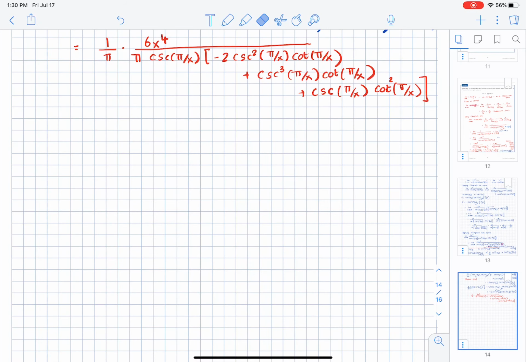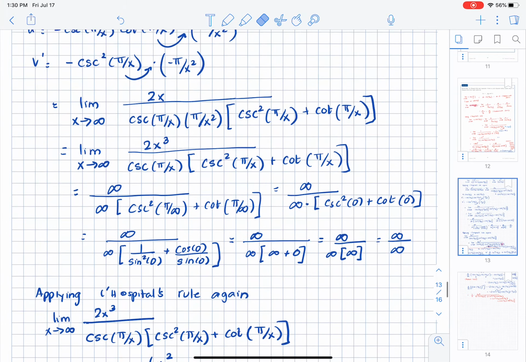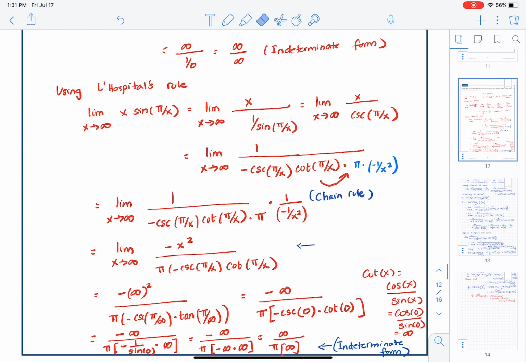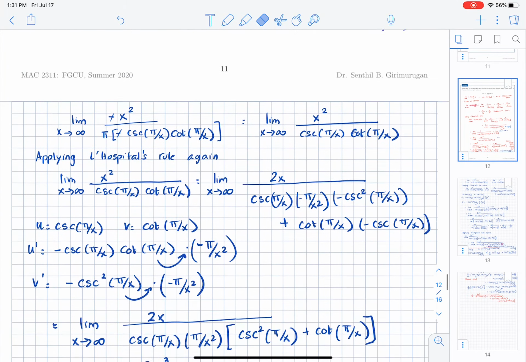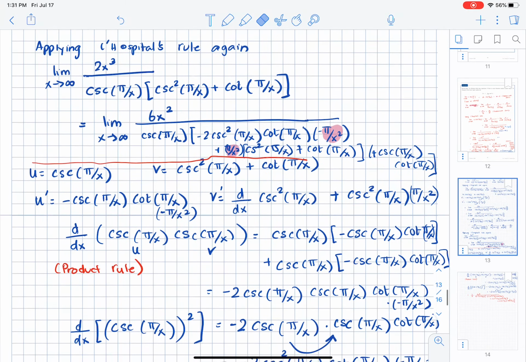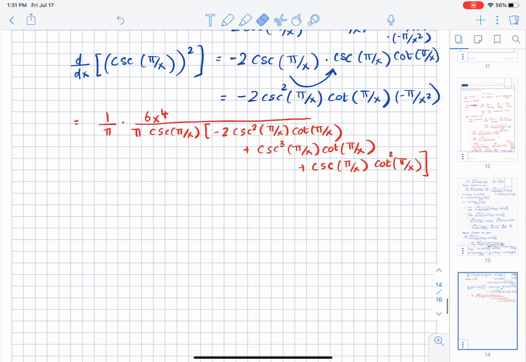As I mentioned, it seems like things keep on going. Sometimes if this keeps happening, you just have to stop and ask yourself, could I have done something to this problem so that life is easier?